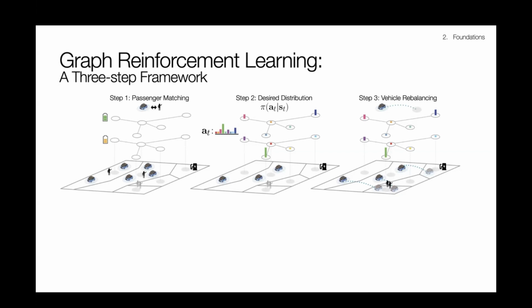This network flow problem we decompose in a three-step process, whereby we first assign vehicles to customers, solving dispatching, and then in a two-step procedure we first compute a desired allocation of vehicles spatially over the grid. And then we try to achieve this as best as possible by solving a linear program that maps this desired distribution into flows.